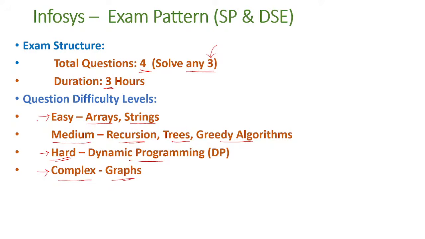So always target the first question, the easy level question, from arrays or strings. It becomes very easy to solve such questions if you master topics like arrays and strings in Java or Python. Still, if you have not mastered these topics, you still have time.